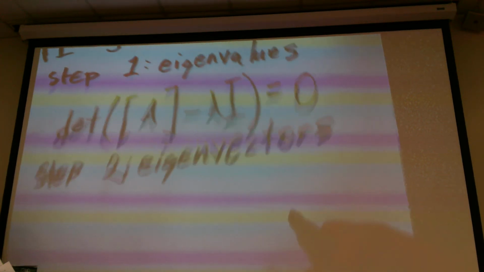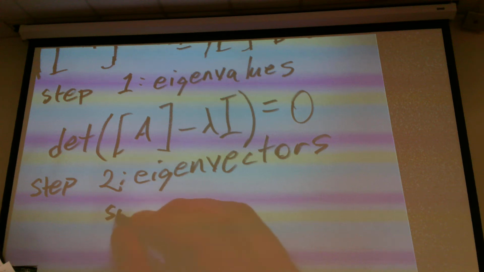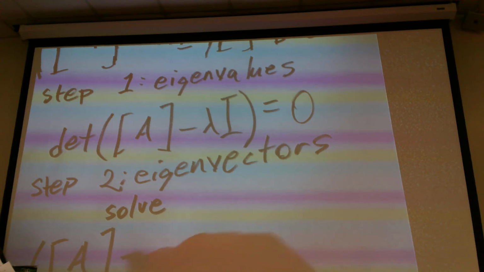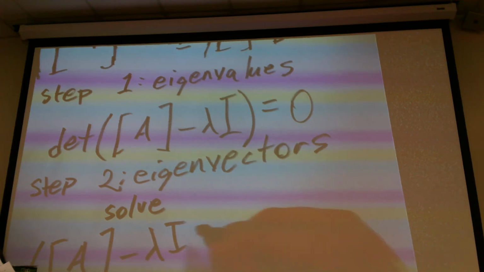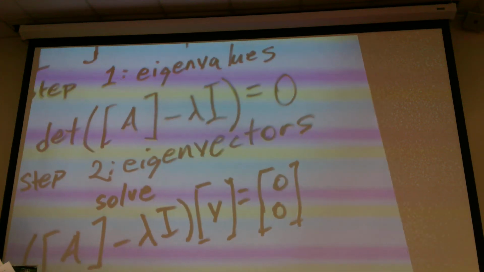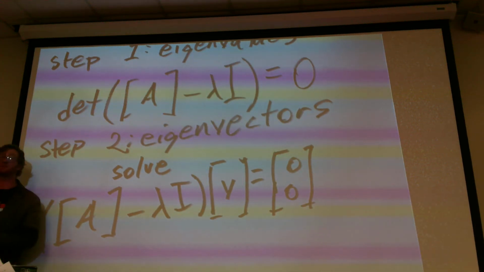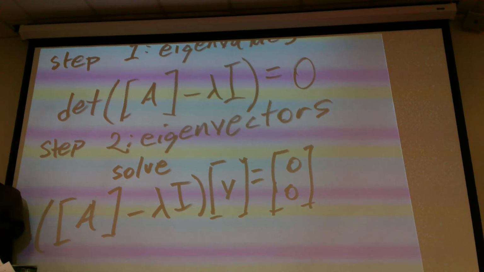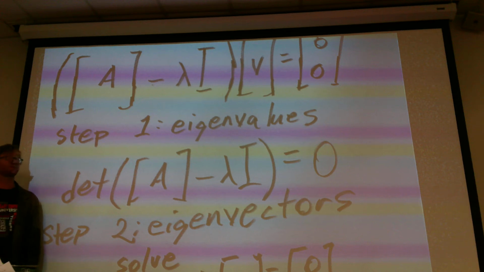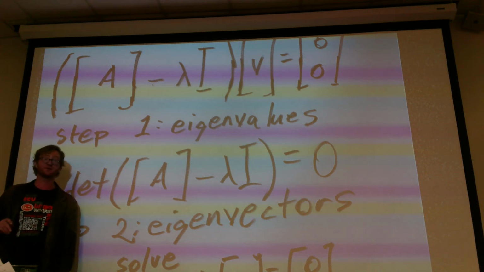So to find the eigenvectors, I'm going to solve A minus lambda I, okay, depending on the size, there might be more zeros there. So the very first step of any of these problems is to solve for the eigenvalues by taking the determinant of A minus lambda I and setting it equal to 0.